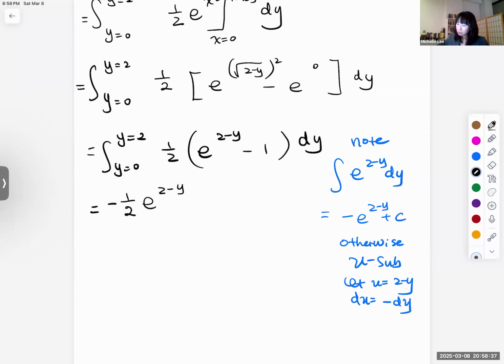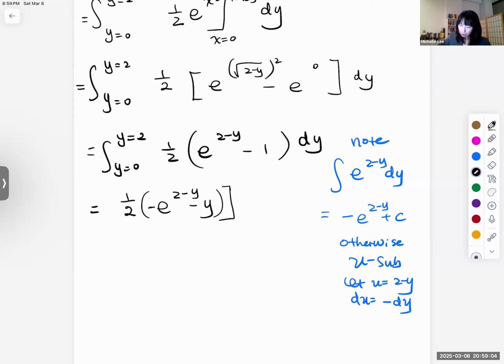Okay, let's factor out the 1/2. Then that will be negative e to the 2 minus y, and integrate with respect to y, so negative y, right?